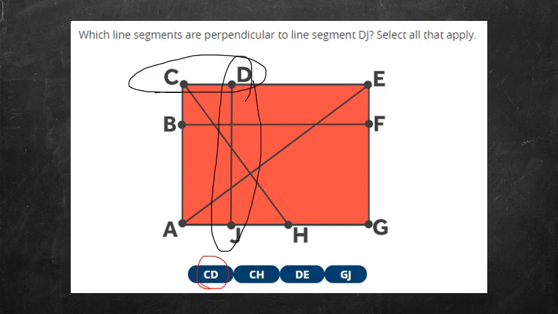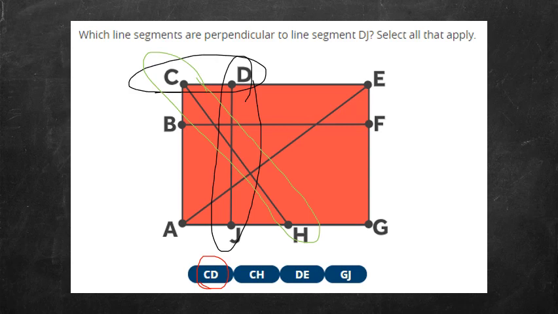Let's look at CH. CH, here's CH here. We're going to circle it in a different color. Here's line segment CH. Does line segment CH cross line segment DJ? Yes, it does. But does it create a perpendicular line?